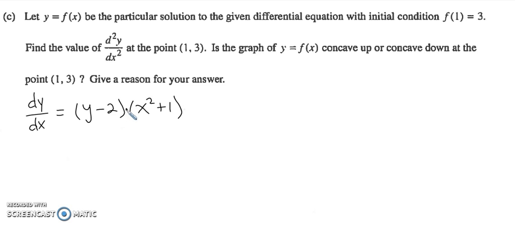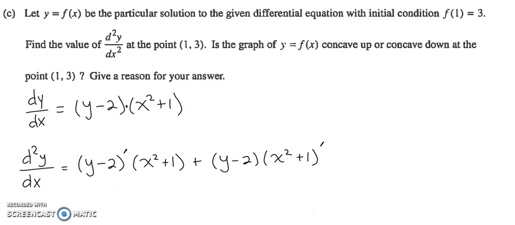Remember, this is a product, therefore we have to use the product rule when calculating the second derivative. So d squared y over dx squared is equal to (y minus 2)' times (x squared plus 1) plus (y minus 2) times (x squared plus 1)'. When we do (y minus 2)', it's just 1, but don't forget that we are differentiating with respect to x, so the derivative of y minus 2 is 1 times dy over dx.